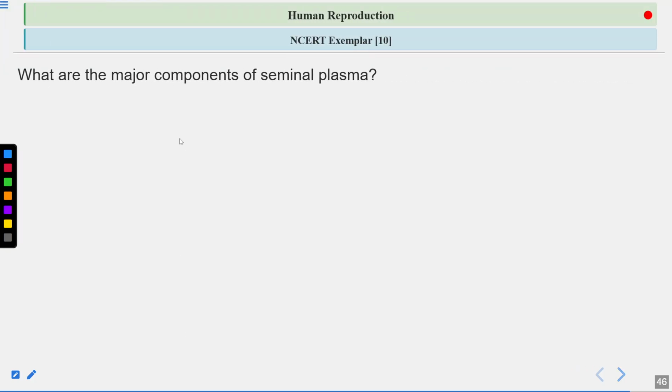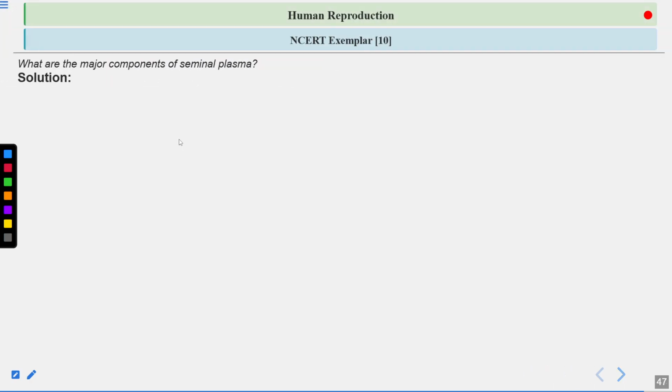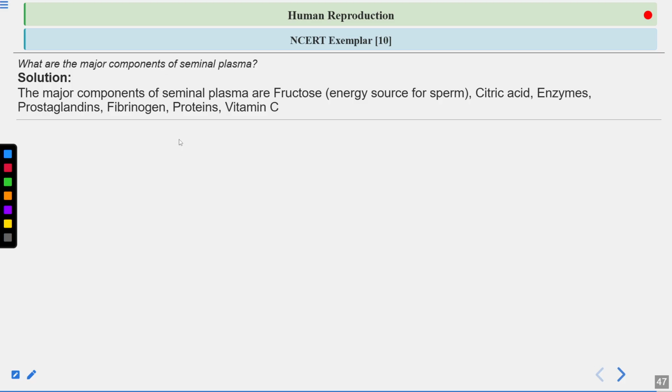Now next question, what are the major components of the seminal plasma? So let's have a look at the answer for this question. Okay, so first of all, you should know what is seminal plasma. In the male reproductive system, it consists of accessory glands also.